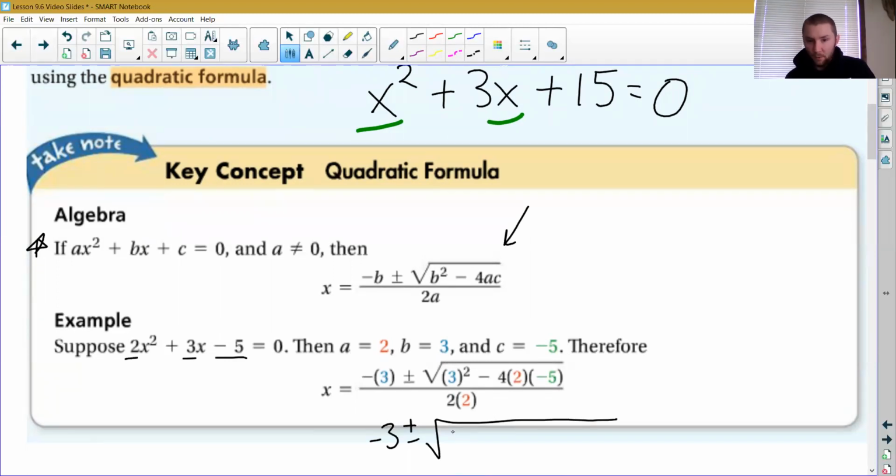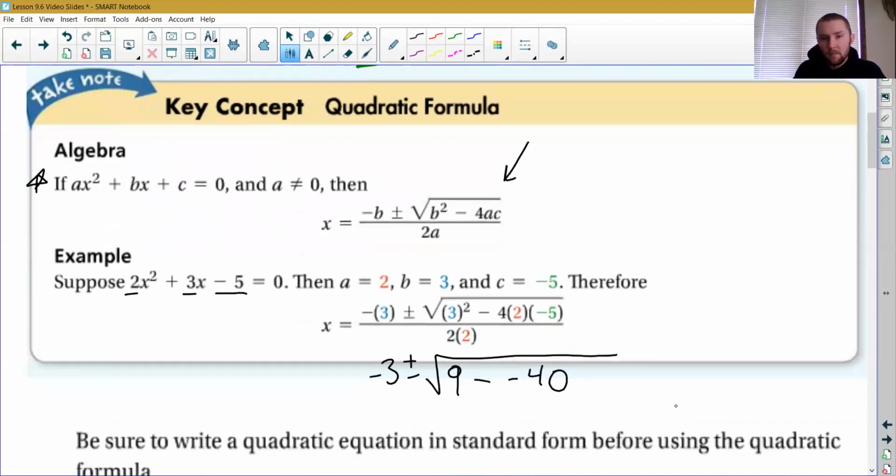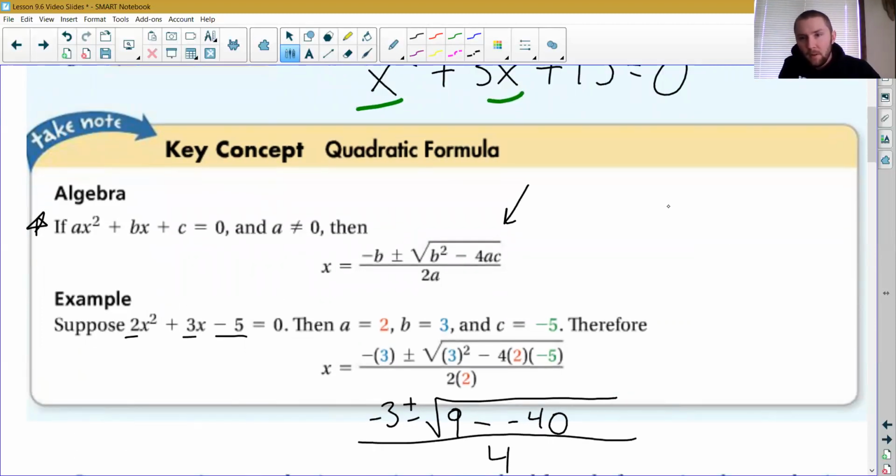We need to do 3 squared, that's 9, minus 4 times 2 is 8, and 8 times a negative 5 would make negative 40. And then it's all divided by 2 times the a value, which was 2, so 2 times 2 on the bottom is 4. If I keep going with my math up here, right now what it says is, and by the way, this is of course x equals this stuff.